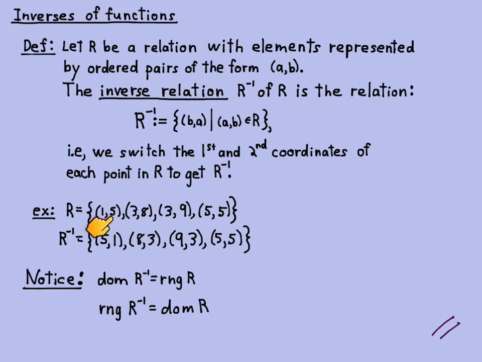The range of R is 5, 8, 9, and the domain of R inverse is the same as the range of R: 5, 8, 9. So R and R inverse switched domain and range. The inputs of one become the outputs of the other, and the outputs of the first become the inputs of the other. They're switching inputs and outputs.